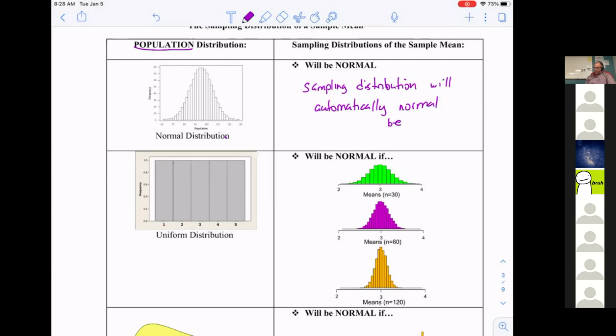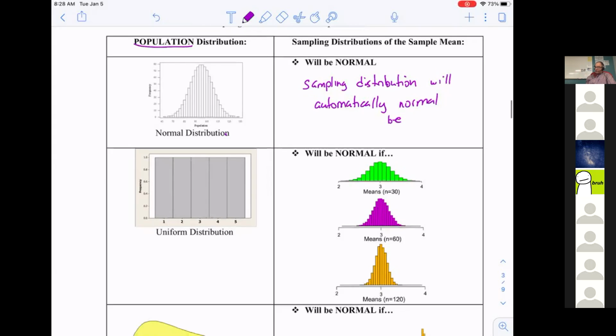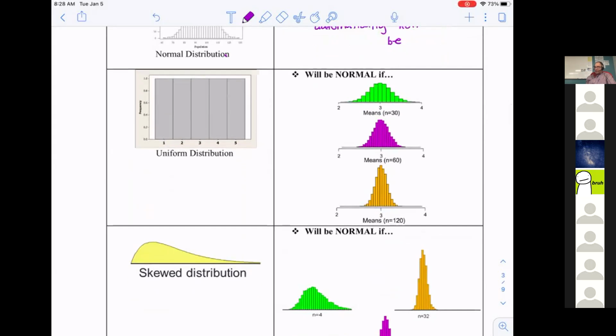That's one of the key things we're going to be asked: is my sampling distribution normal? We're going to have different ways to say yes, it's going to be normal because my population was normal, or because my sample size was large enough. And that's what we get down into.